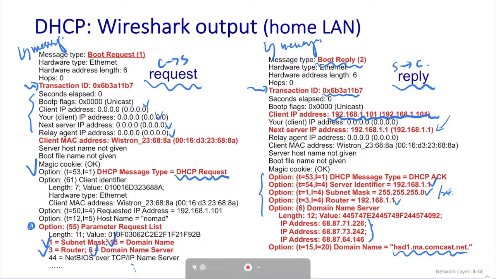You can simply push the button, for example the IP address renew button. You can find this button in Windows and Mac. The operating system provides such functionality. After you push this button, you can capture these 4 packets or these 2 packets to obtain a new IP address in your operating system.